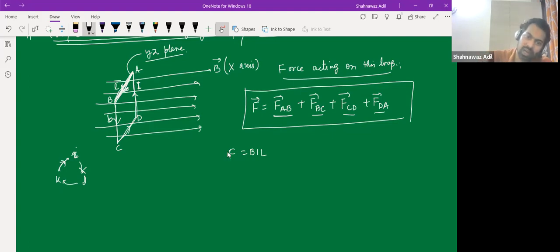So now I was asking you guys that the direction of this force we can calculate by one, this L cross B method, right? One is this i j k method, or the other one is Maxwell's right hand thumb rule.